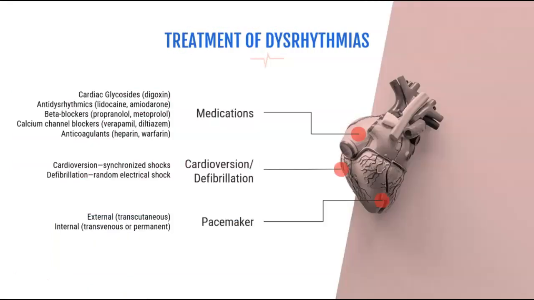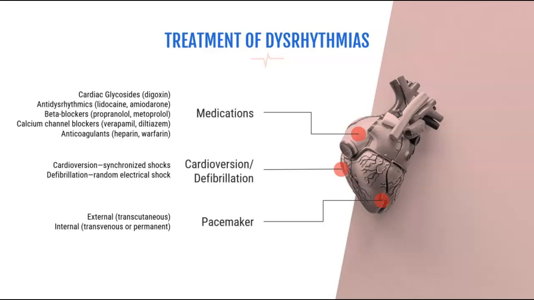Treatment of dysrhythmias vary depending on the dysrhythmia, but it can consist of medications, cardioversion, defibrillation, pacemaker, or a combination of these. Medications include cardiac glycosides, antidysrhythmics, beta blockers, calcium channel blockers, and anticoagulants.